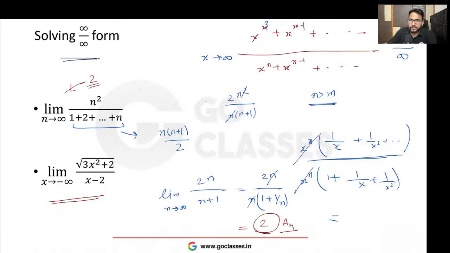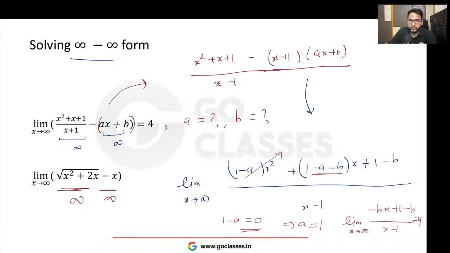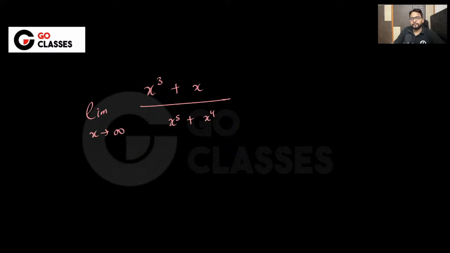So let's suppose maybe I have the example here. Let's suppose that you are having something like this, x cube plus x upon x power 5 plus, let's suppose, x power 4. And now let's suppose you want to solve this particular identity, limit x tends to infinity.